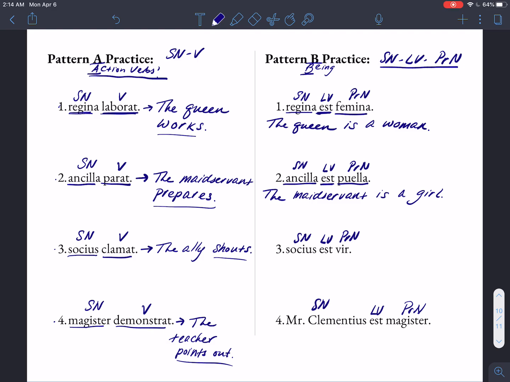Number 3. The socius, the ally, est, is a man. Okay? And last but not least, Mr. Clemens, est, is a magister, a teacher.